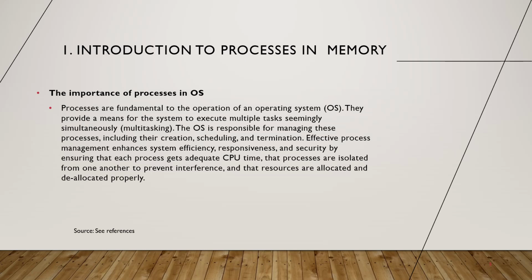Effective process management enhances system efficiency, responsiveness, and security by ensuring that each process gets adequate CPU time, that processes are isolated from one another to prevent interference, and that resources are allocated and deallocated properly.